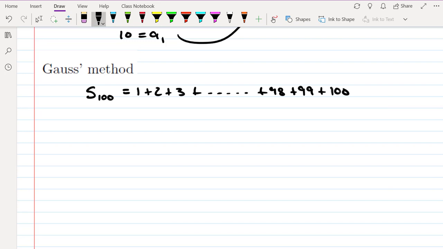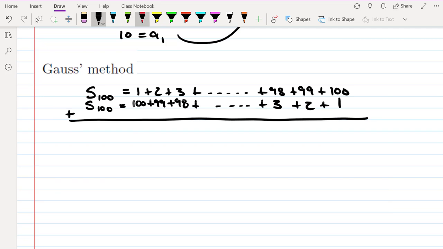So the first observation that Gauss made is that if you change the order that you add things in, it doesn't matter. So if we write this list in the reverse order, so 100 plus 99 plus 98 plus all the way down plus 3 plus 2 plus 1, that doesn't change what the sum is.